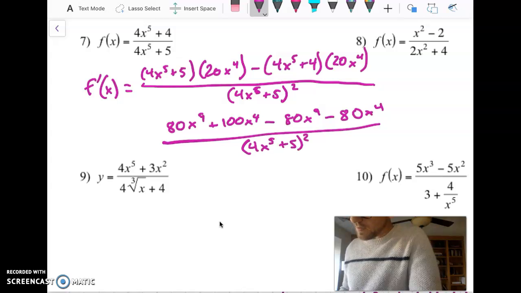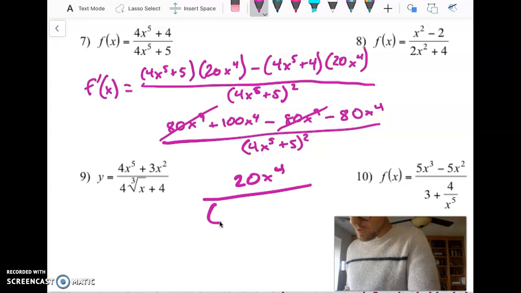And then lastly, those would cancel. 100 minus 80 would just give me 20x to the 4th, and I would leave the denominator as it is written.